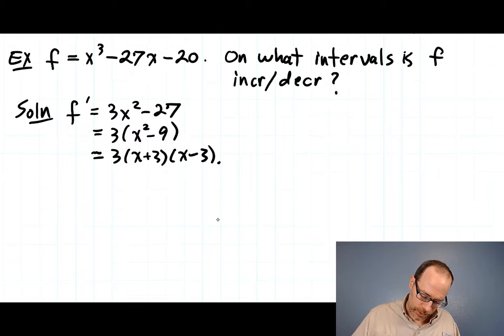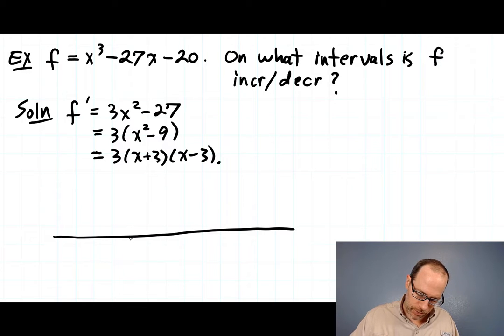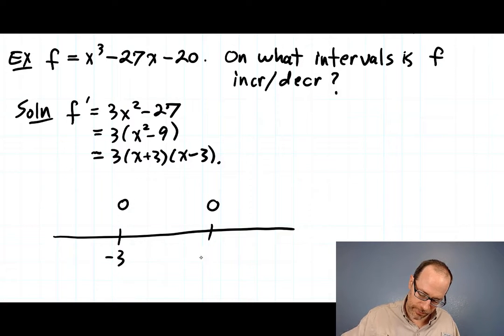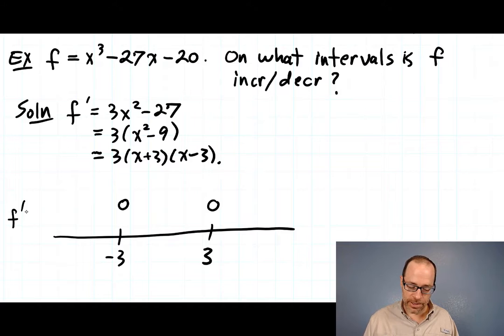All right, so people tend to do this as follows. They will draw the places where f prime is 0. So it's 0 here and 0 here, at 3 and at minus 3. And then you look at f prime, and you want to know, is it positive or negative on each of these remaining intervals?